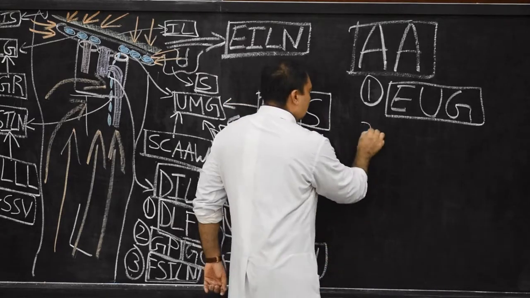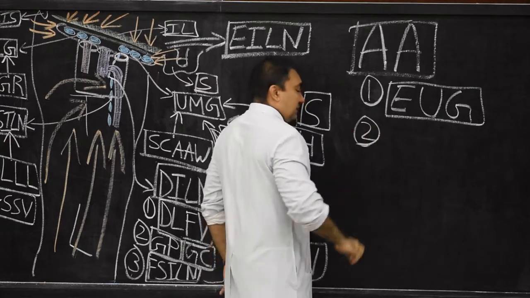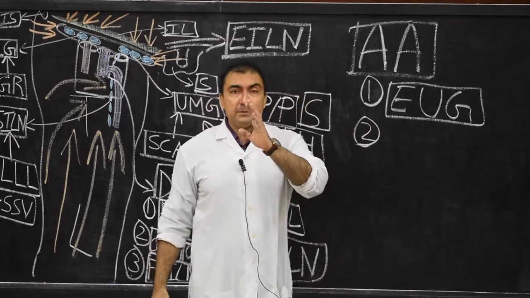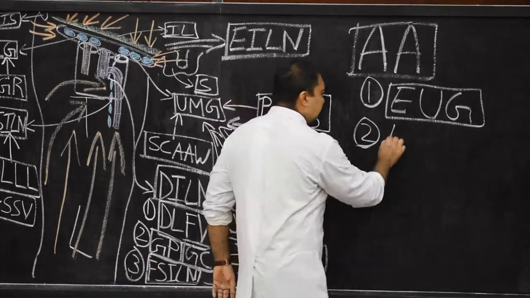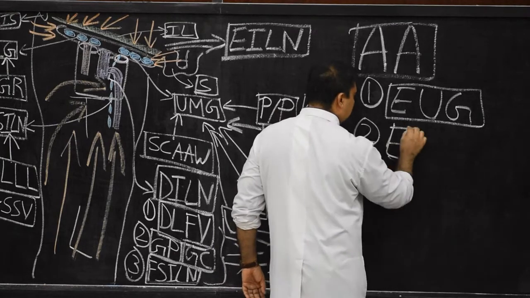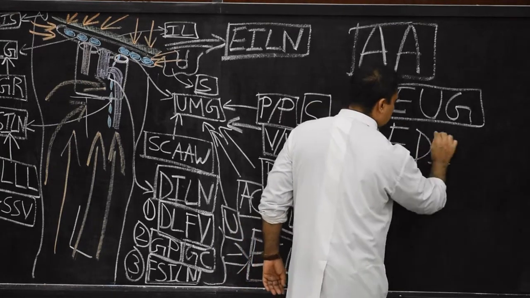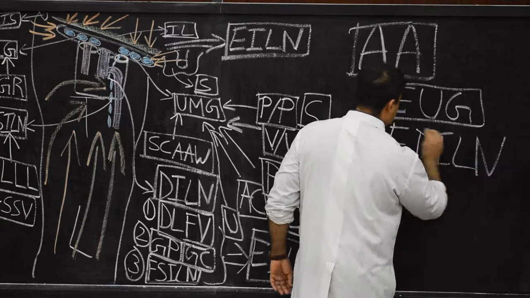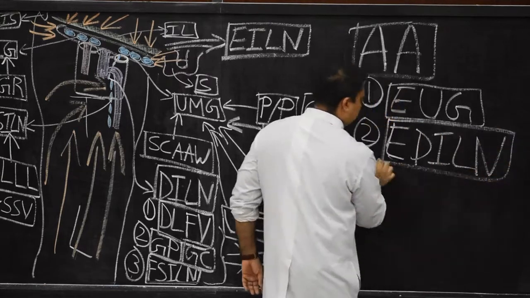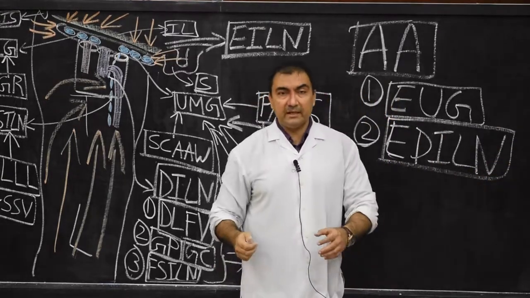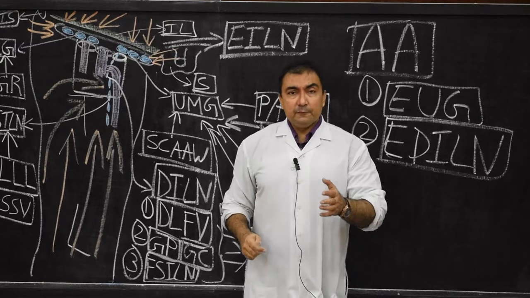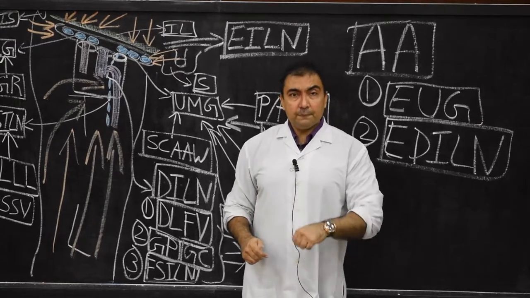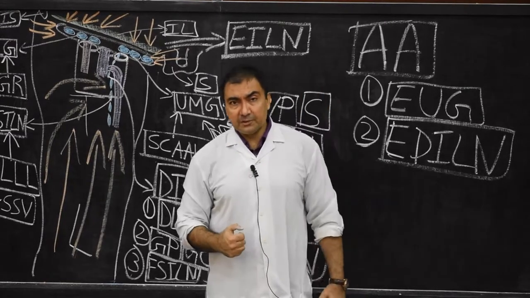Number 2. Now, deep inguinal lymph nodes. If there is enlargement of deep inguinal lymph nodes, what will happen? We know that there may be infection in their area of drainage. What is their area of drainage?